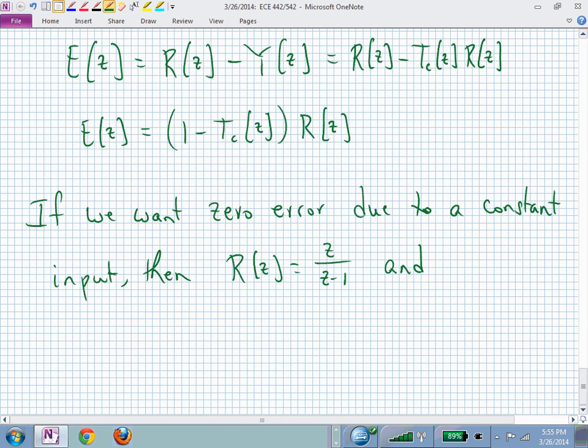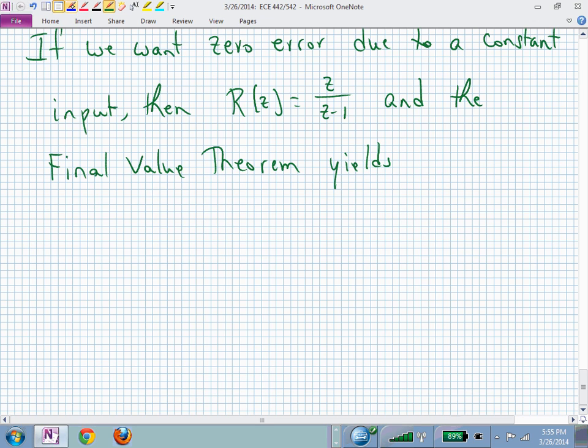If we want zero error, and here is our formula for the error, 1 minus T sub c quantity times R of z, we can now find that, and sometimes I'll denote this as E sub infinity, and that's the time domain signal of our error coming out of that summing junction after a long time.